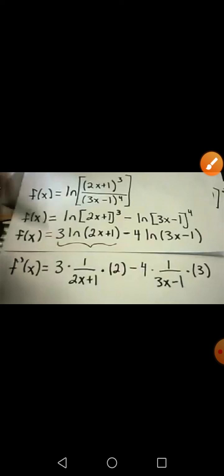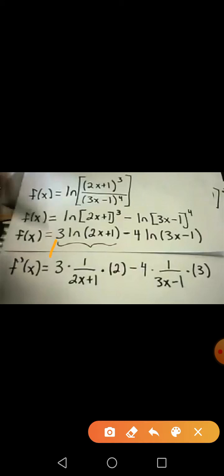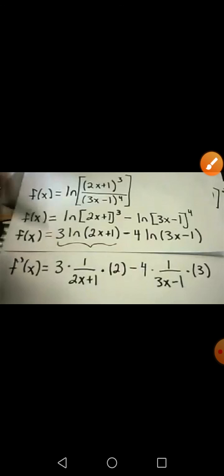You bring down 3 ln(2x plus 1), it will be 1 over 2x plus 1 multiplied by the derivative of this function, minus 4 ln, it will be 1 over 3x minus 1 multiplied by the derivative of the inner, and that's all. It's so easy, by the way, if you know the rules.